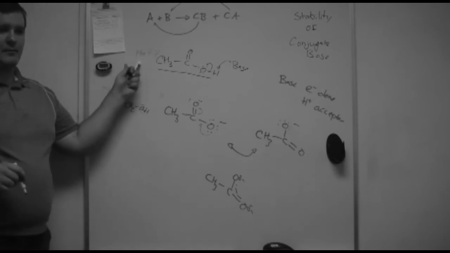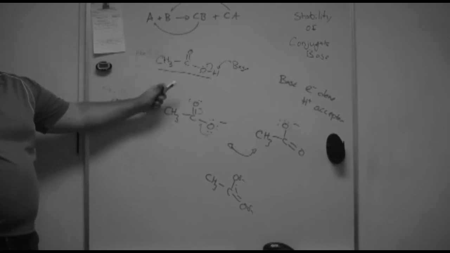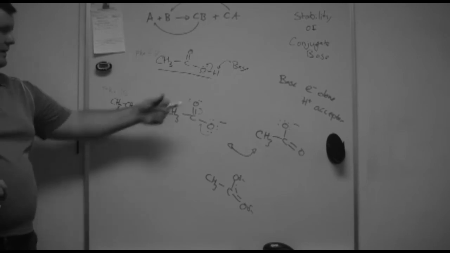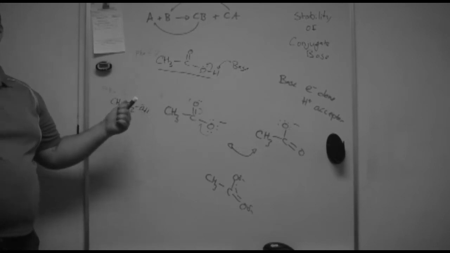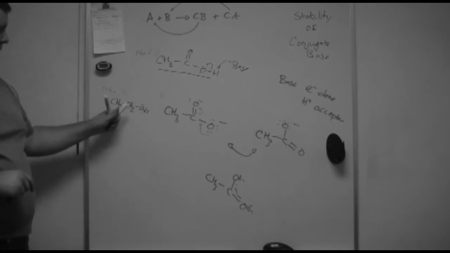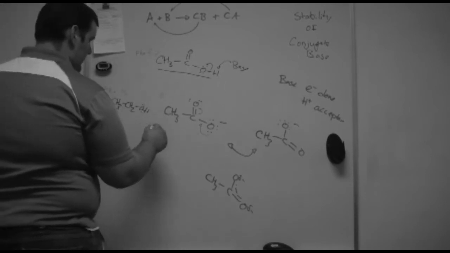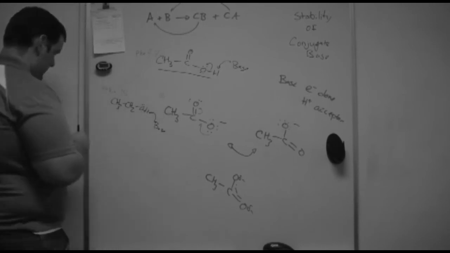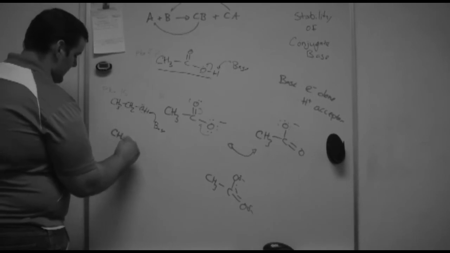Notice this is a lot more acidic than this. Yeah, this has a carbonyl. The carbonyl is electronegative, so it's pulling electrons away from the hydrogen. But that probably is not going to make that big of a difference. So the reason why the alcohol is so much less acidic than our carboxylic acid is the fact that when a base comes along and steals its hydrogen, its conjugate base looks like this.